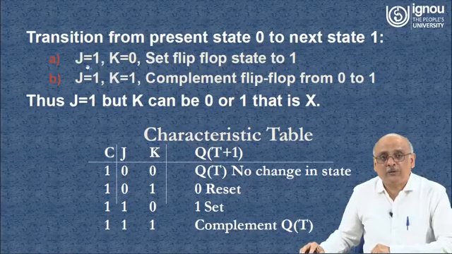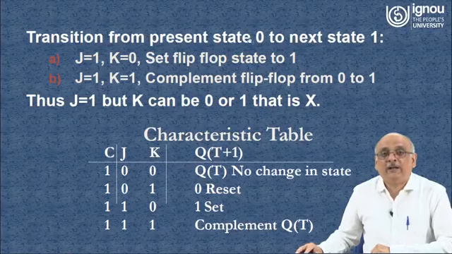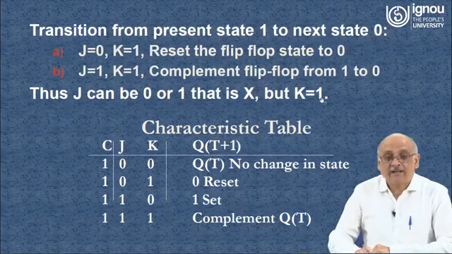So what do I need to do? J equals 1 and K equals 0, I get a set, a 0 to 1 movement. Or J equals 1, K equals 1, in which case the flip-flop will complement from 0 to 1. So for moving from state 0 to 1 in a JK flip-flop, the value of J has to be 1. K does not matter, right? Because K changes from 0 to 1.